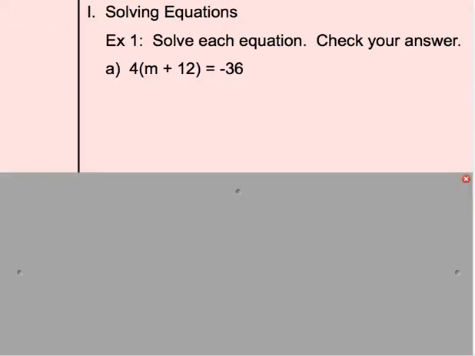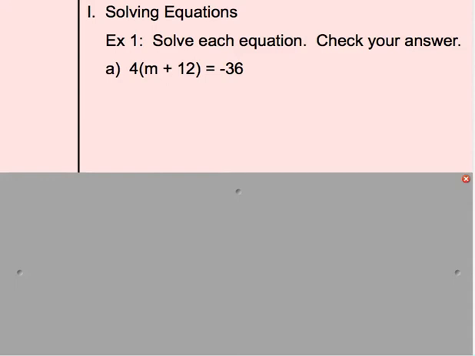So starting off, we're going to do a little bit of solving equations review. This first one looks pretty basic, and typically when students see parentheses, they think distributive property, which is great. We can absolutely use distributive property on this question, but it's not the most efficient way to solve the equation. Another way to think about it is looking at that 4 times the quantity m plus 12. Well, how do we cancel multiplication? We divide.